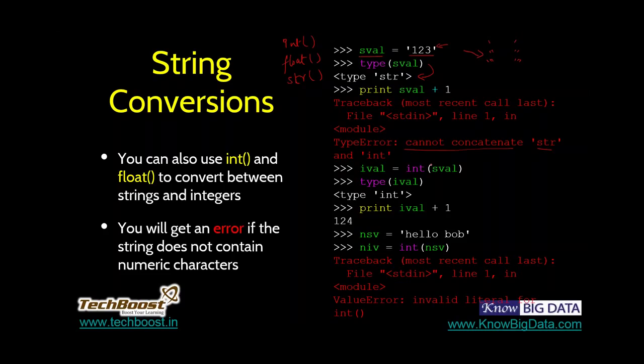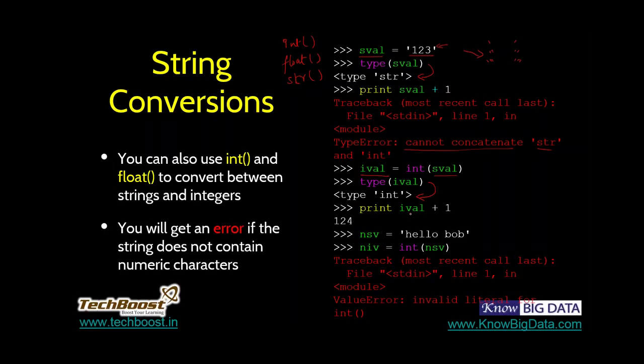So now what we are trying to do is converting this variable, which is a string holding the string 1, 2, 3, to an integer, which is ival. Now see, it is successfully converted and we can see the type of ival is integer.